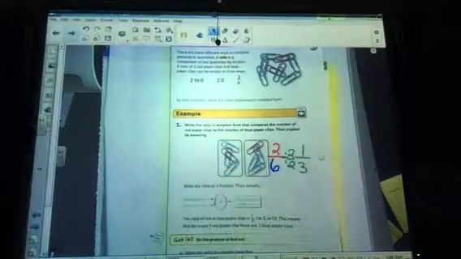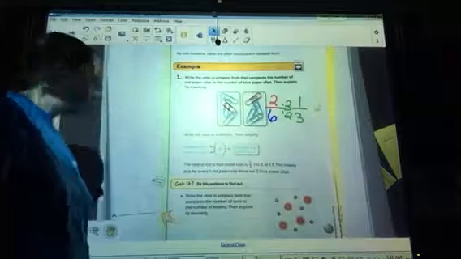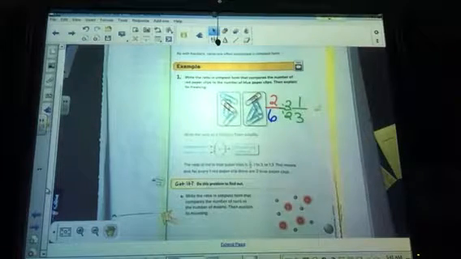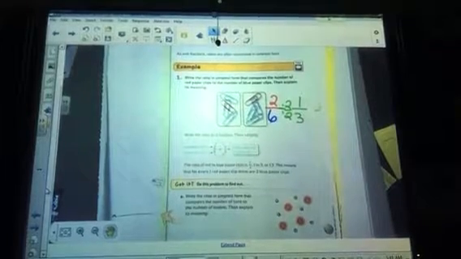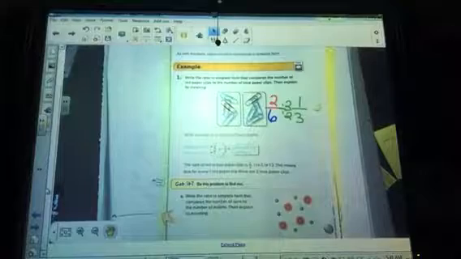All right. Let's see if you got it. We are going to write the ratio in simplest form that compares the number of suns to the number of moons. I want you to pause this video real quick, and then see if you can write the number of suns to moons.